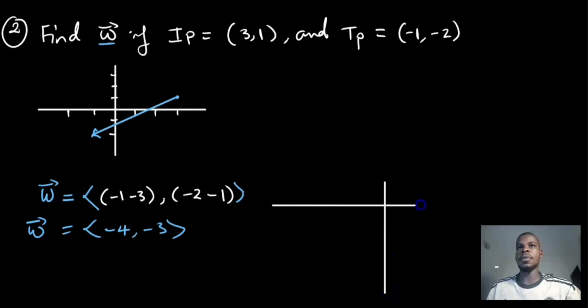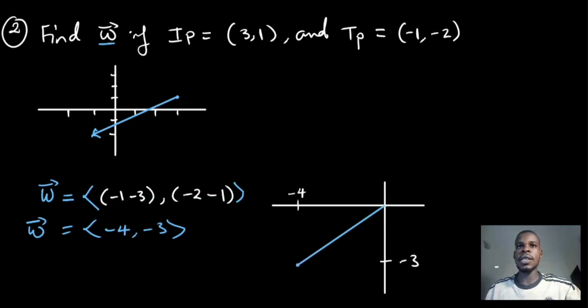So we search for -4 on the x-axis, which should be somewhere here, -4. The -3 on the y-axis should be somewhere here, -3. So we can fix the point around this, and then take the line from the origin. Okay, so that gives us that.